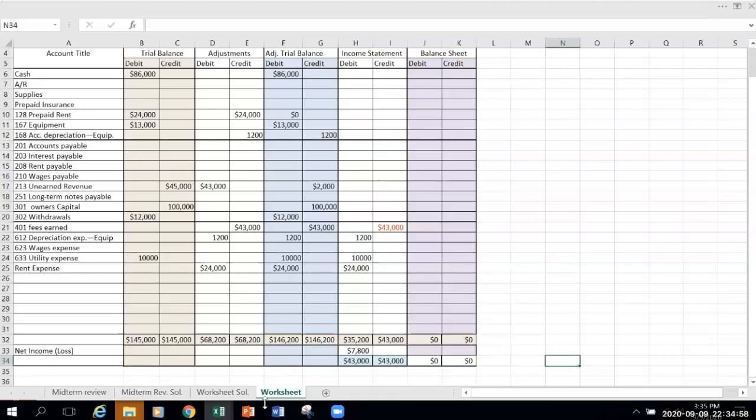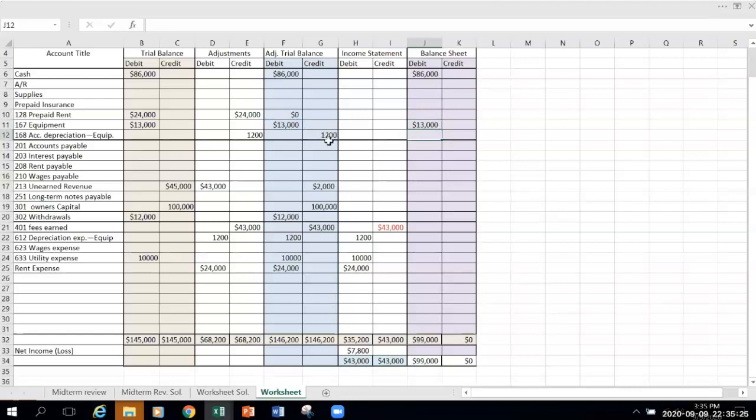So let's prepare the balance sheet now. So for balance sheet, I'm going to go ahead and copy all my leftover numbers in the adjusted trial balance into the balance sheet. So equals to $86,000, enter. This one equals to $13,000, enter.